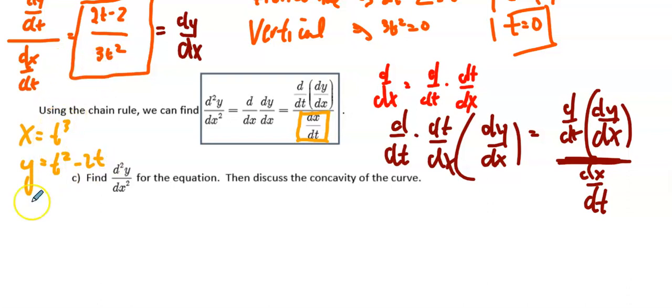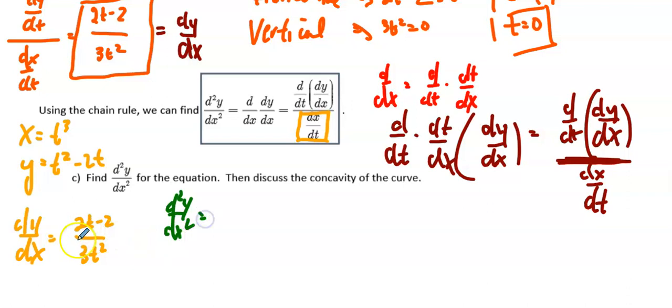Again, you can see up here that the dy dx that we found in part A was 2t minus 2 over 3t squared. So if we want to find the second derivative, d squared y over dx squared, we're going to take the derivative of this with respect to t.